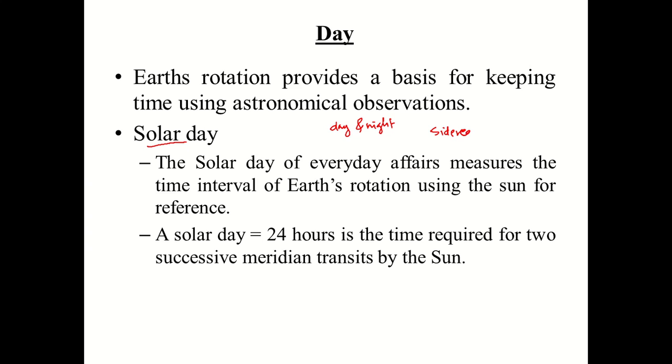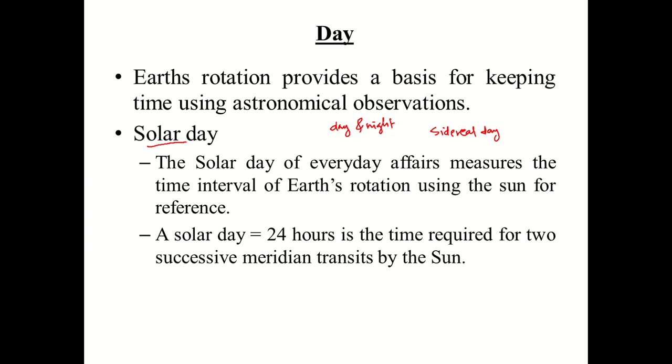Because sidereal means it is with reference to the fixed stars, which gives the actual or true period of rotation or revolution, whatever it may be. So we'll show you why the solar day will not give the actual period of rotation.